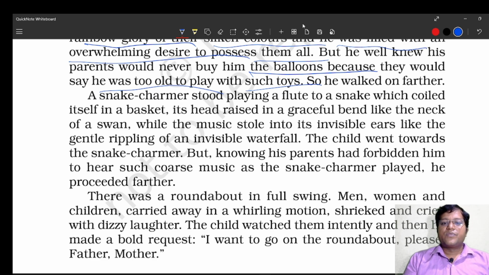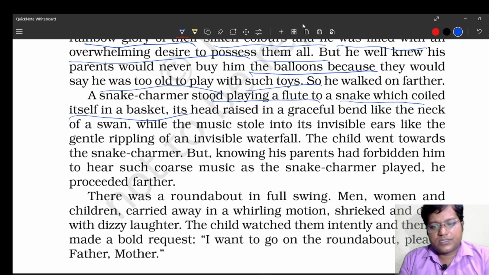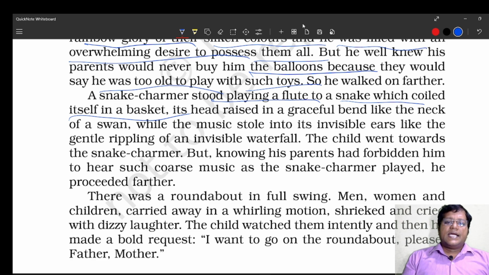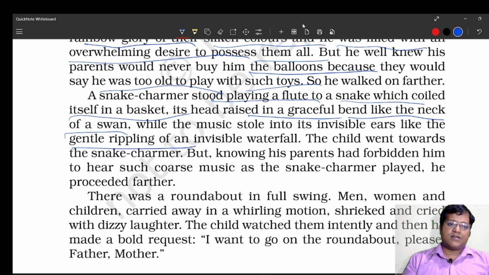A snake charmer stood playing a flute to a snake coiled in a basket. The snake charmer is playing the flute, and the snake was dancing to the rhythm of the flute. Its head was raised in a graceful bend, like the neck of a swan. The neck of the swan is very long and generally bends like the English letter U, while the music stole into his invisible ears like the gentle rippling of an invisible waterfall.